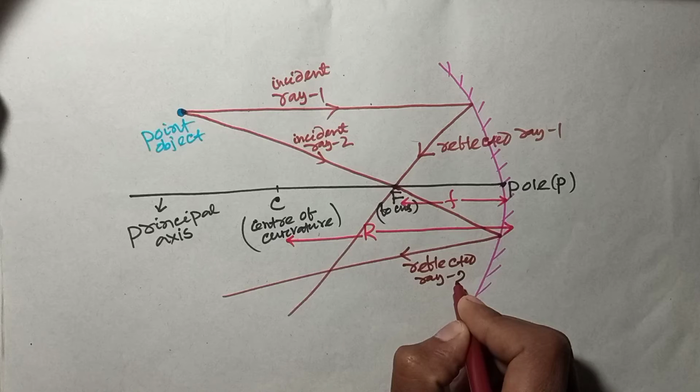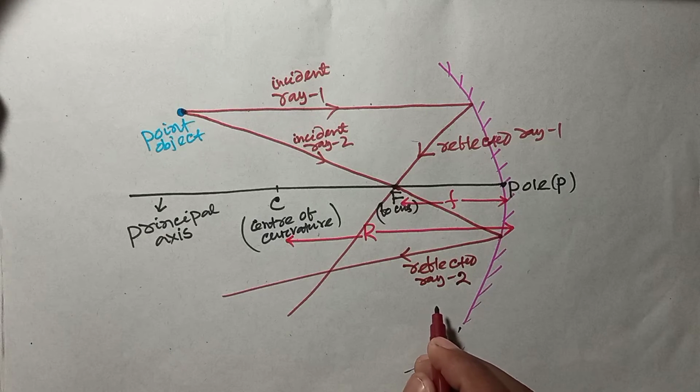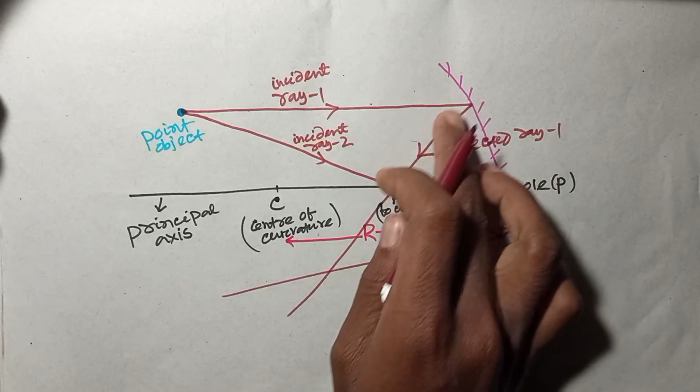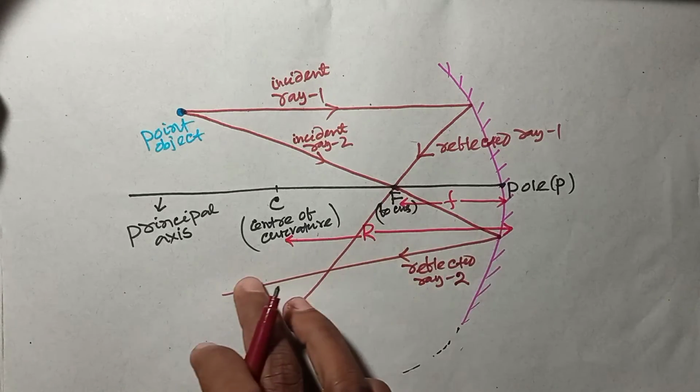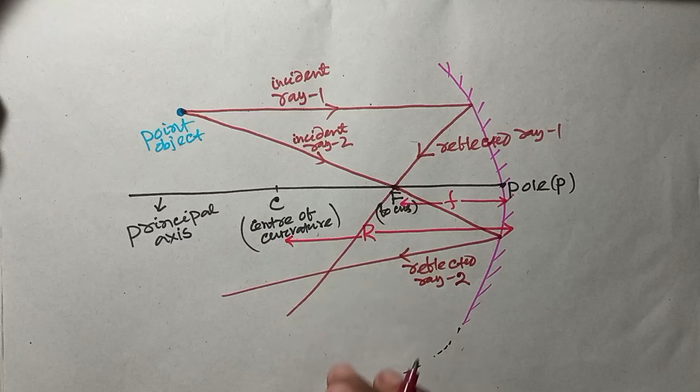Okay, so this will be your reflected ray number 2. Okay, and what is the position of the image? The position of the image is nothing but the point of intersection of the reflected rays. Okay, so this one is your reflected ray number 1 and this one is your reflected ray number 2. Okay, and it is their point of intersection.